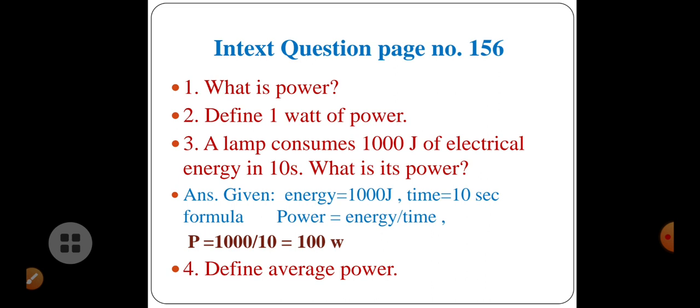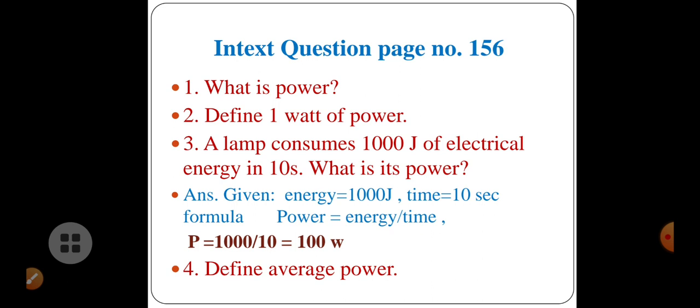Now question number 3: a lamp consumes 1000 joule of electrical energy in 10 seconds. So here beta it is a directly formula-based question, because 1000 joule means energy is given to us and 10 seconds means time is given to us. So we can find power, we will write the formula power equal to energy by time. But you have to solve the numerical properly.